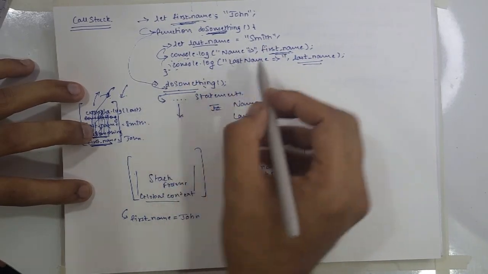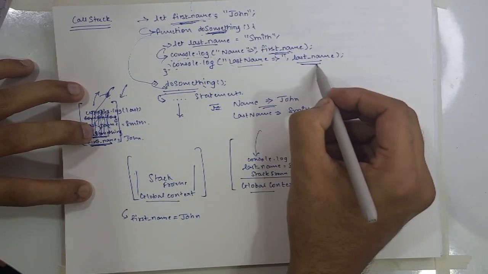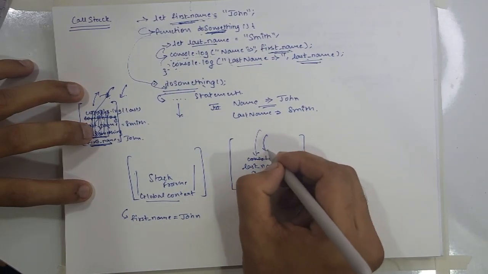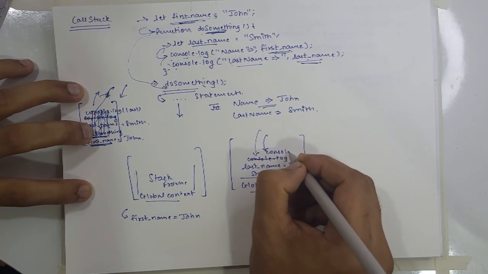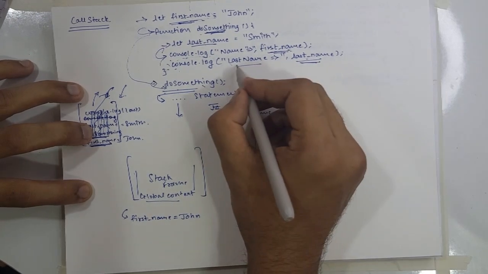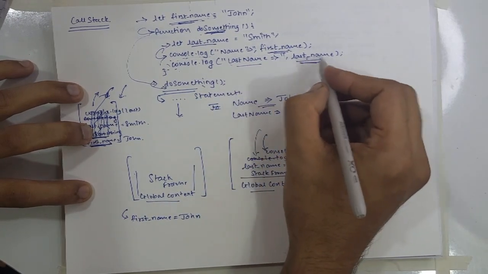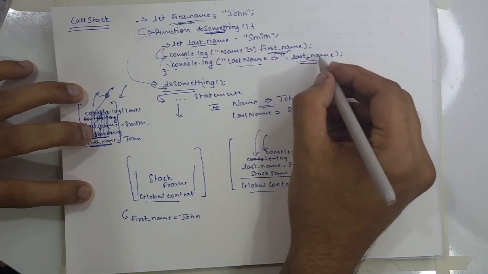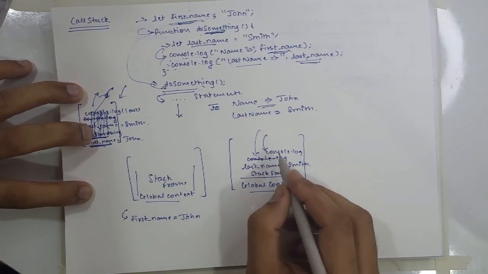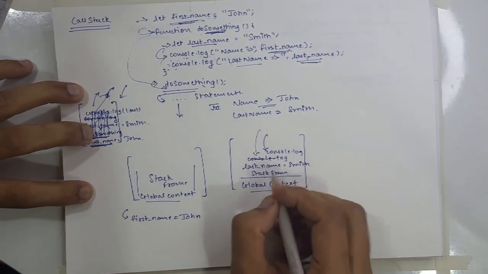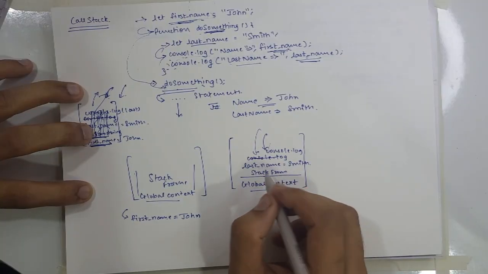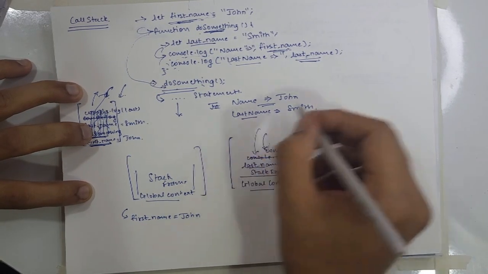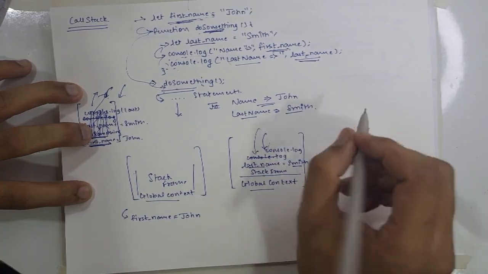Then we have console.log last name equals last_name. So this console.log will be removed. Then a new console.log will come over here, checking for the last_name variable. So it will check first in its stack frame. It will find last_name defined as Smith, and it will print last name as Smith.